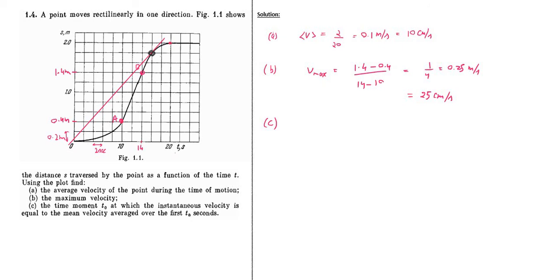So at this instant, the slope of this straight line is equal to the tangent to this curve. So let us find out what is the time here. Here the time is 16 seconds. So t naught will be 16 seconds. So this is your answer.